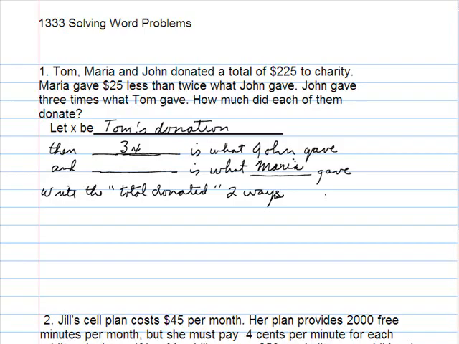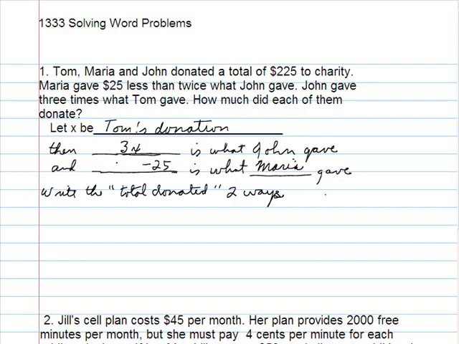Now let's go back over that. That's a little more complicated. Maria gave 25 less than. In a reversing phrase, the first number comes last, so this is going to end minus 25. And it's 25 less than twice what John gave. You might be tempted here to put 2x, but remember x is what Tom gave, not what John gave.